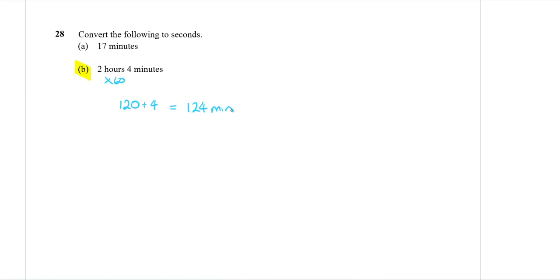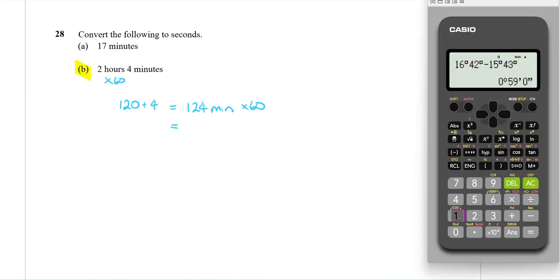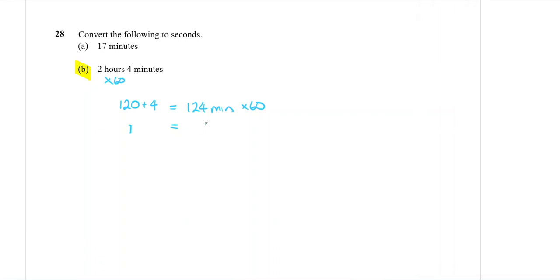But I still have to change that to seconds. How do I change it to seconds? Times by 60. So 124 times 60 is 7,440 seconds.